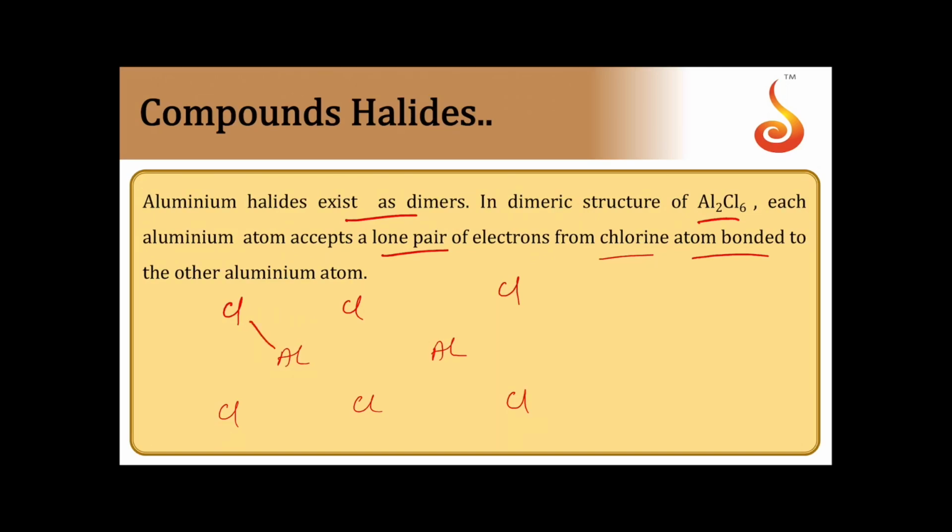These 3 are normal AlCl3 covalent bonds. Now this chlorine donates an electron pair to this aluminum. Similarly, this one donates an electron pair to aluminum. Thereby it exists as a dimeric structure. The 2 units exist together, which is called a dimer.